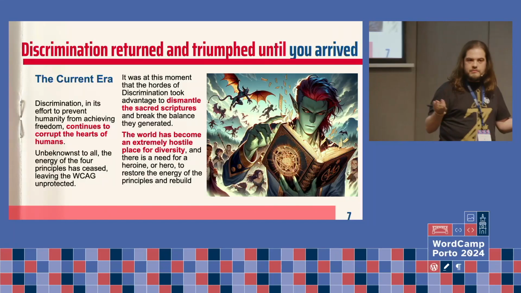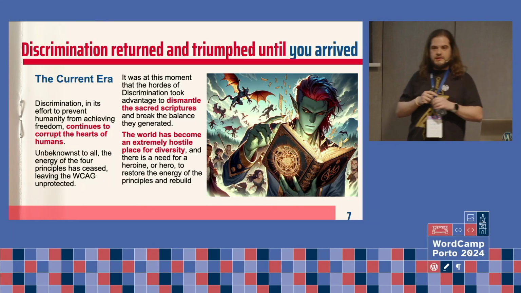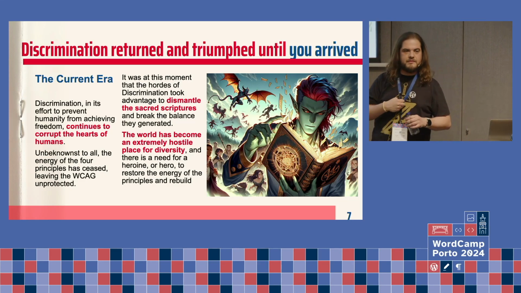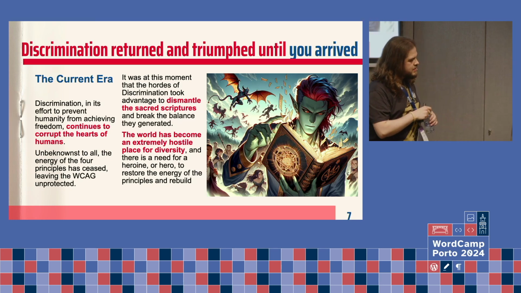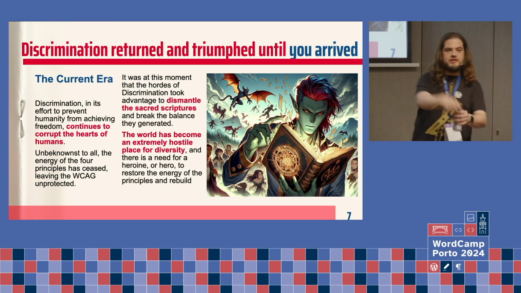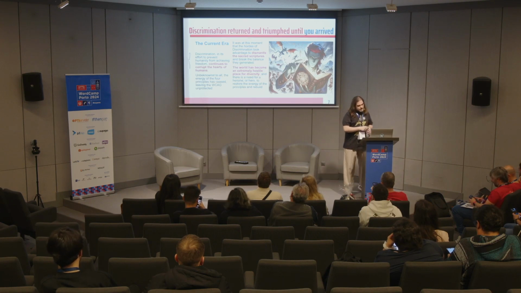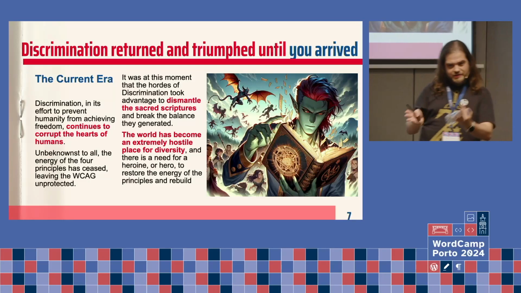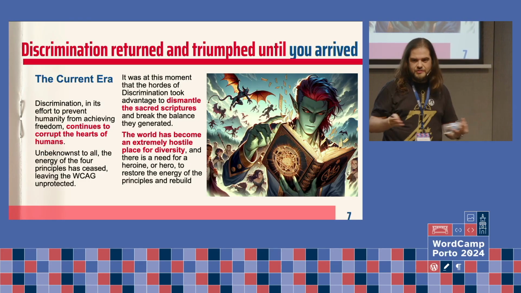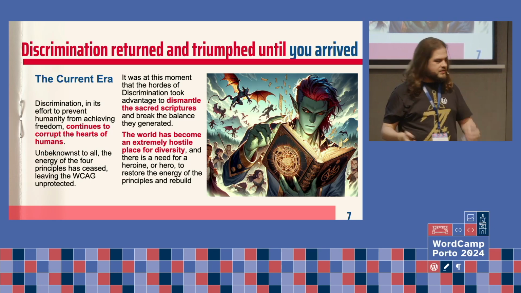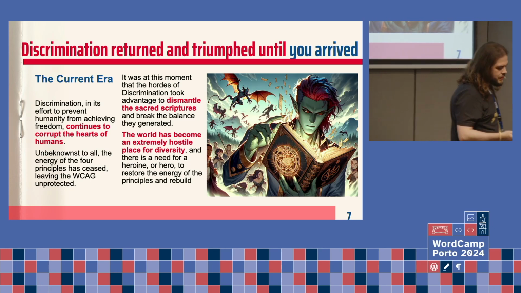But somehow, discrimination stole the WCAG scriptures and tore off all the pages. Now the world has become an extremely hostile place for diversity. And we need heroines and heroes to reestablish and recuperate the WCAG scriptures.